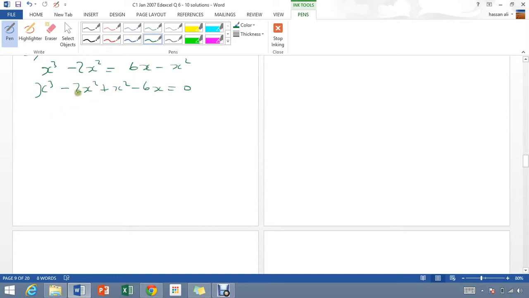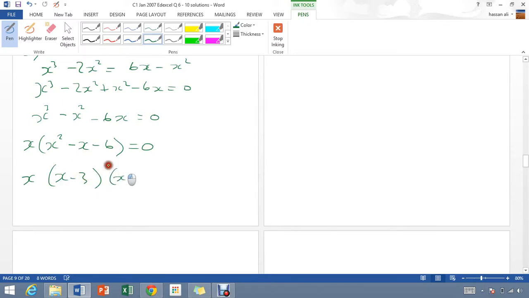Right, so I've got my minus 2x squared plus x squared, which will be x cubed minus x squared minus 6x equals 0. Now if I factorize this, they've all got x in common, and that gives me x times (x squared minus x minus 6). Now I can put that into two brackets, so x times (x minus 3)(x plus 2). That works, because if I add 2 to minus 3, that gives me minus 1, and multiplied that gives me minus 6.